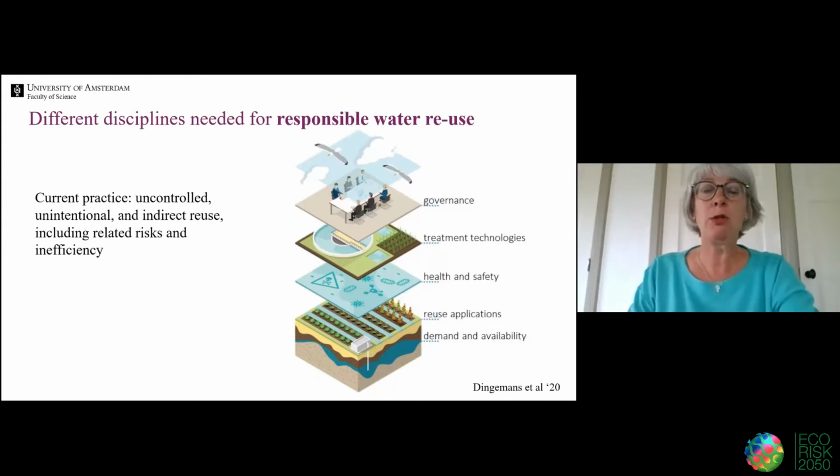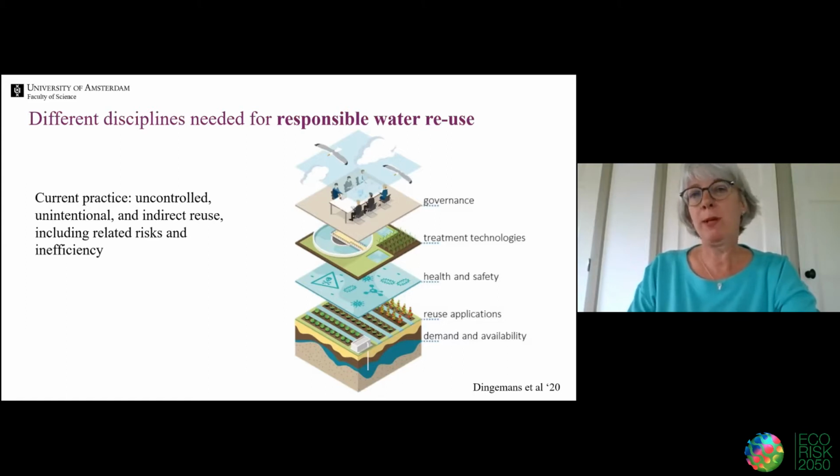What can we do to mitigate risks, for example, by treatment technologies? And of course, also governance is of importance, because water, especially maybe in the Dutch context, where our water boards are the oldest policy structure that we have, is always related to issues of governance.